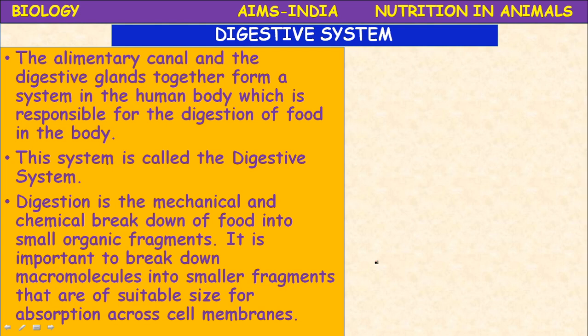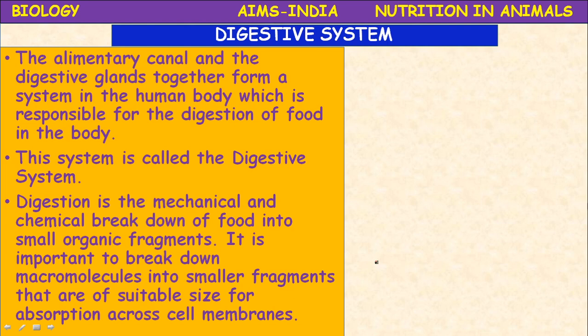It is the mechanical and chemical breakdown of food into small organic fragments, and it is important to break down the macromolecules into smaller fragments of suitable size for absorption across the membranes.